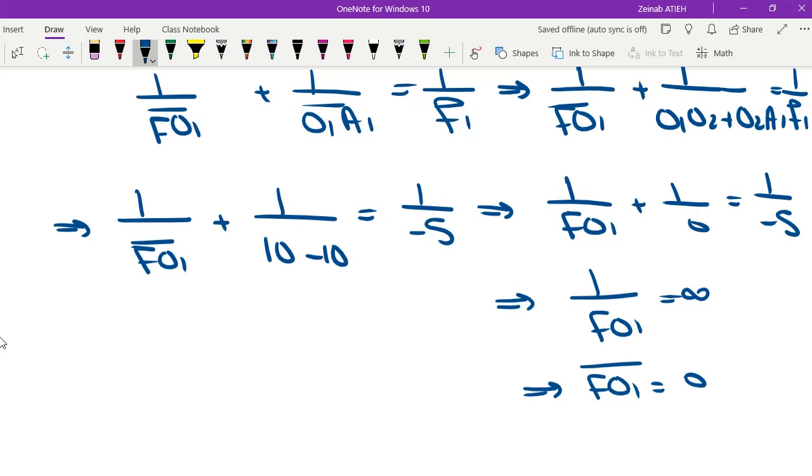This is the object focus. Now let's do part B.